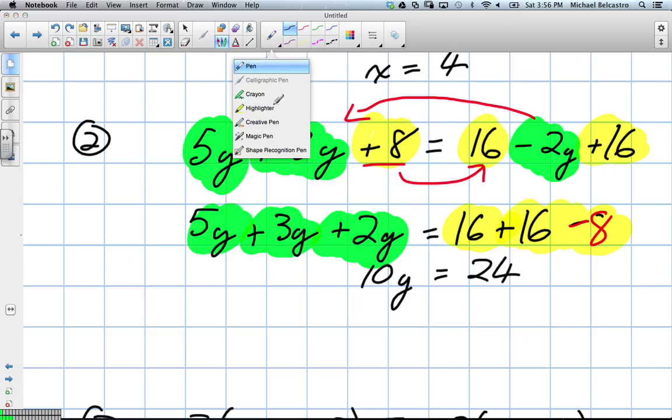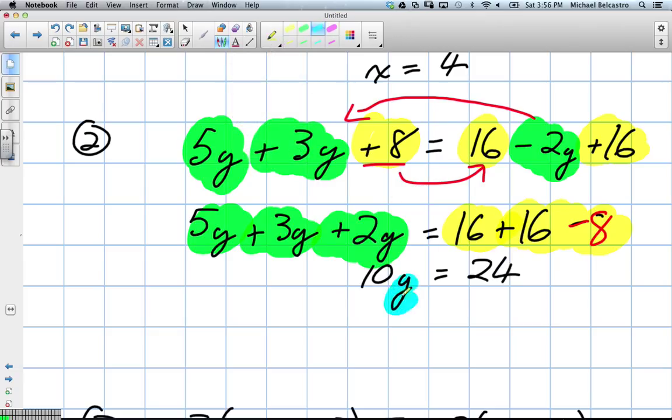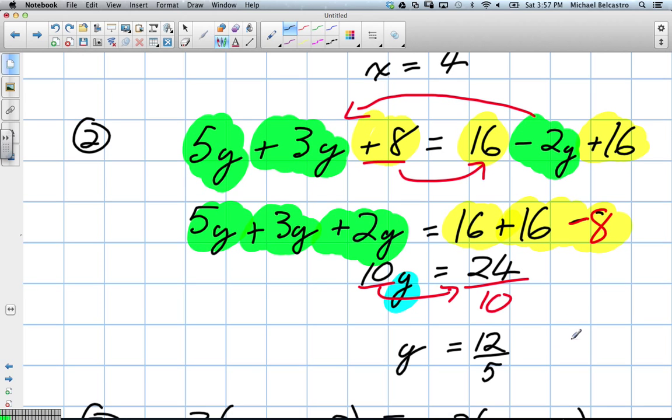We want to get y all by itself. So we have to move 10 over, which makes this 24 divided by 10. And really, we can just leave it as a simplified fraction. 12 over 5 would probably be easy if we divide both by 2.